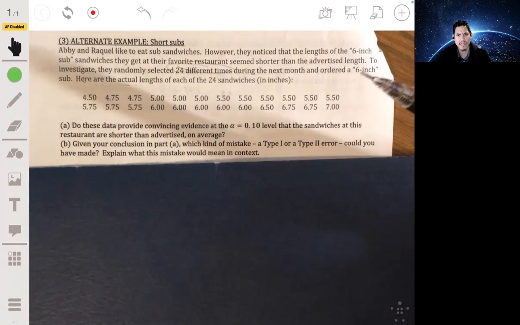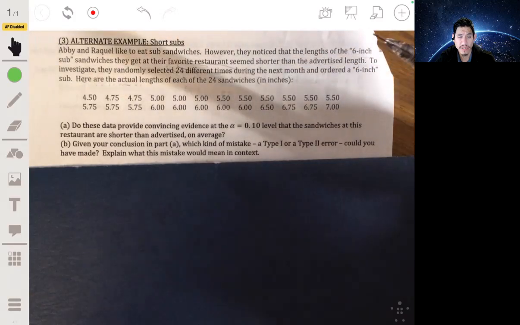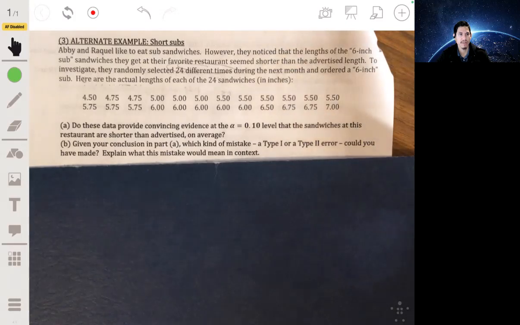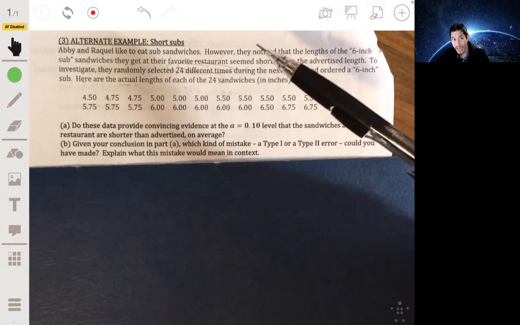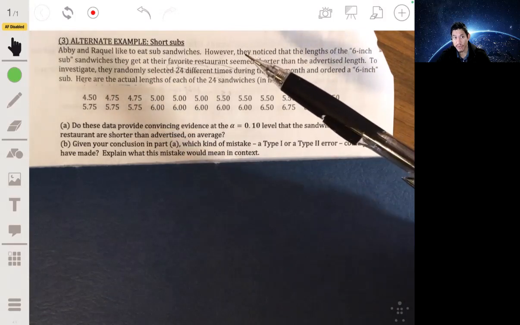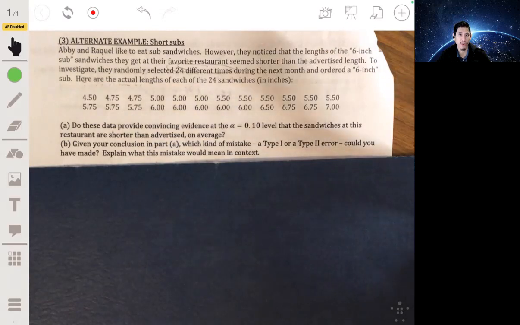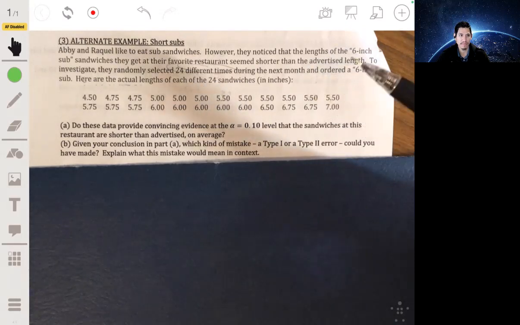They noticed that the lengths of the advertised 6-inch sub sandwiches they usually get seem shorter than advertised. So they decided to investigate, and they selected 24 times at random over the next month and ordered the 6-inch subs. Here's their data of the 24 sandwiches they got.